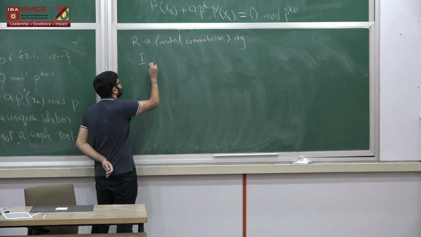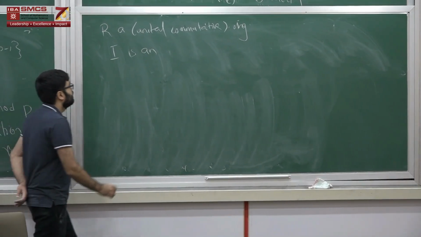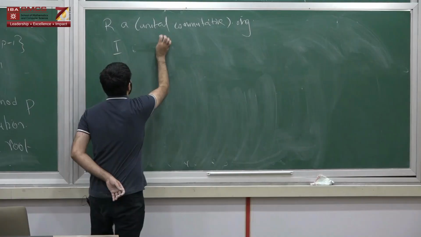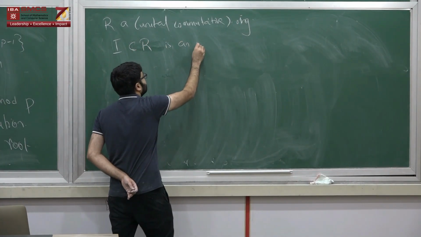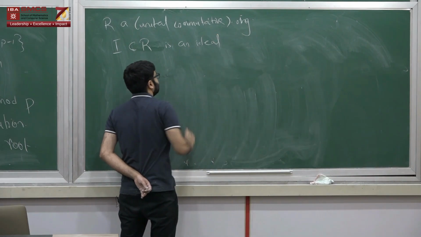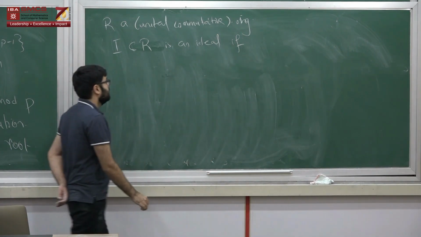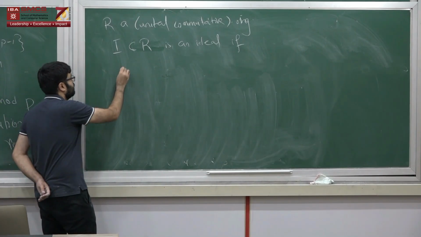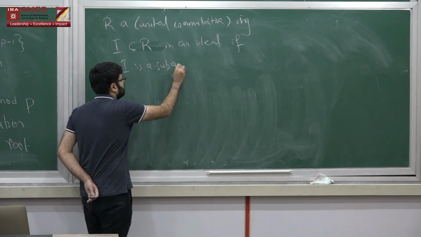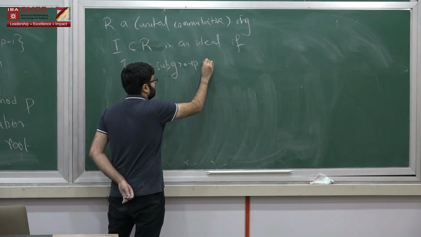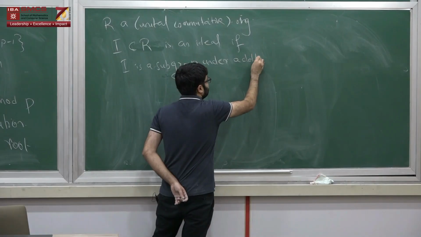I, which is a subset of R, is an ideal if it satisfies two conditions. So I is a subgroup under addition.